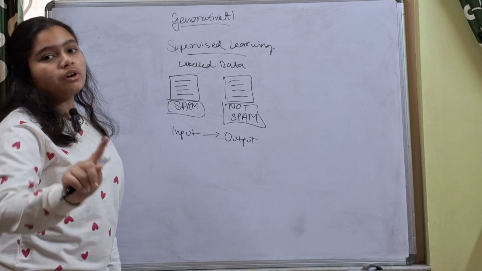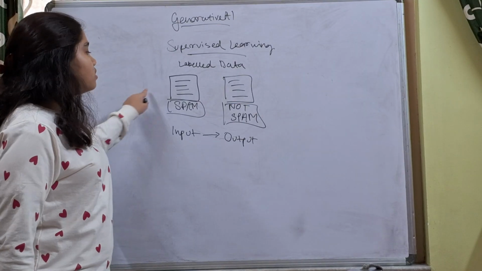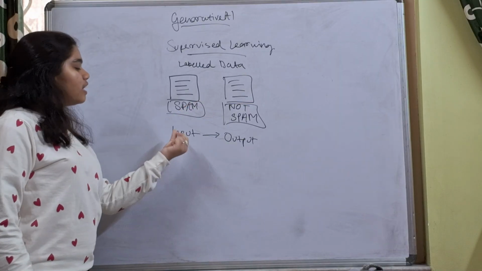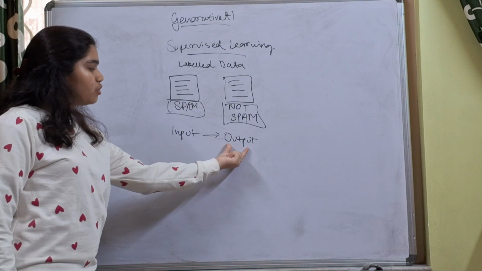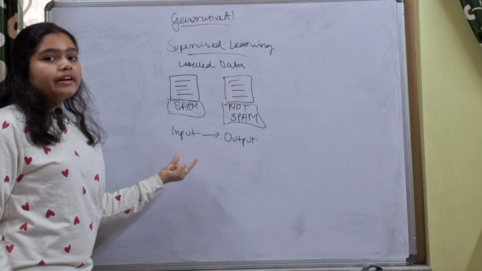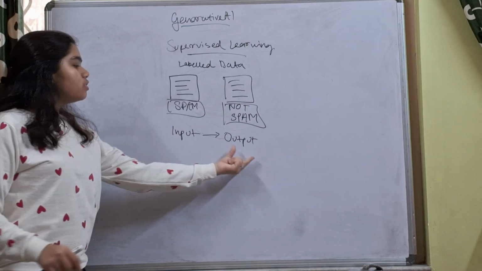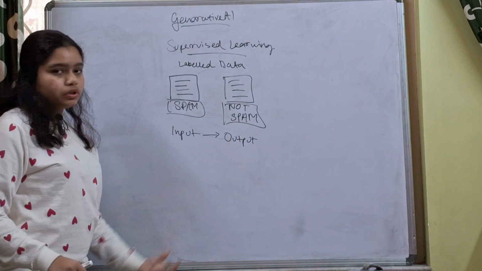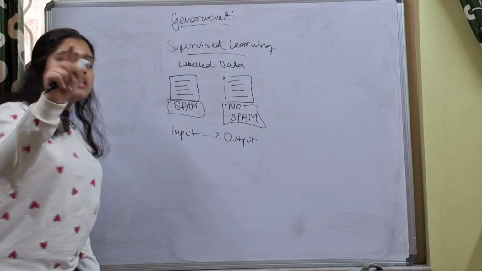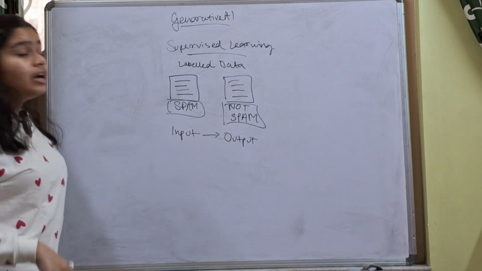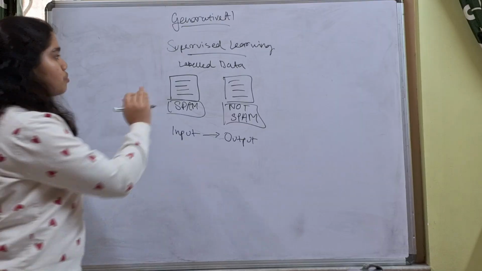So now it has found the pattern, that this is why it is called spam, and this is why it is called not spam. In supervised learning, the input is provided, the output is provided for that corresponding input, and it just needs to find the pattern of why this input has this output. If informal language is used, we will call it a spam email, else not spam. That was the training phase.